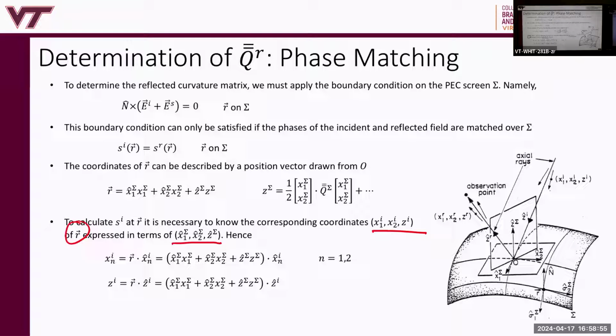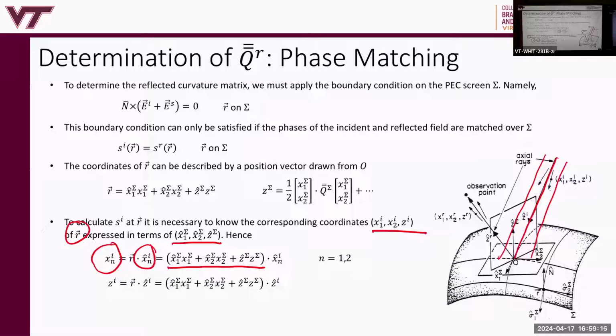All right, so how do we do that? We have an incident pencil, right? There's an incident pencil, there's some paraxial rays here, right? We want to be able to find what the incident pencil coordinates are in terms of these vectors here, the surface vectors, x1 sigma, x2 sigma, x3 sigma.